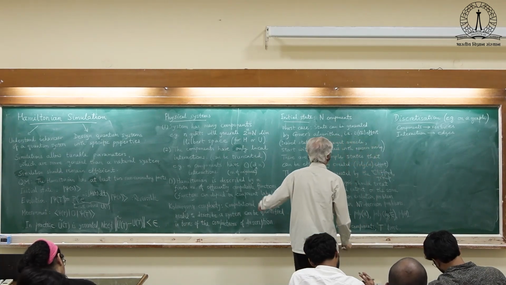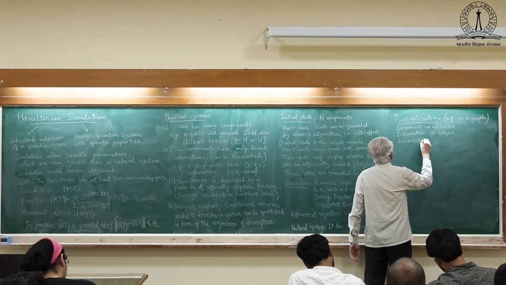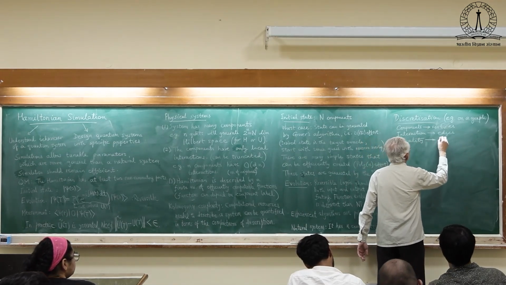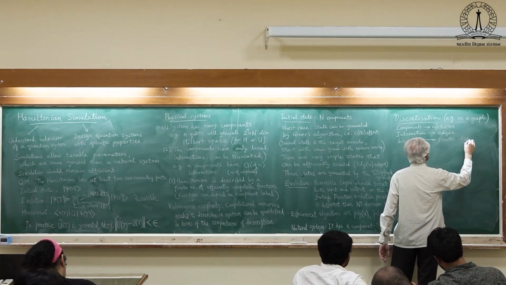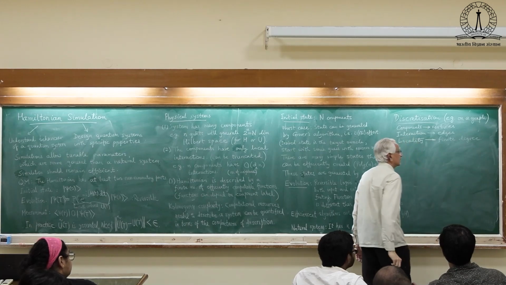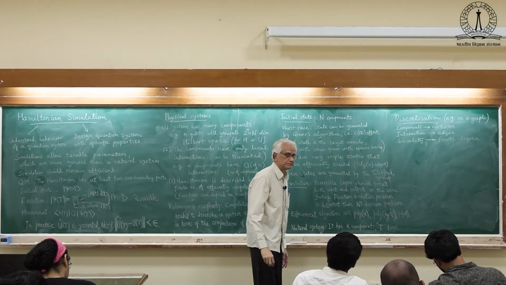And this locality will become that the graph has a finite degree, how many neighbors you have.